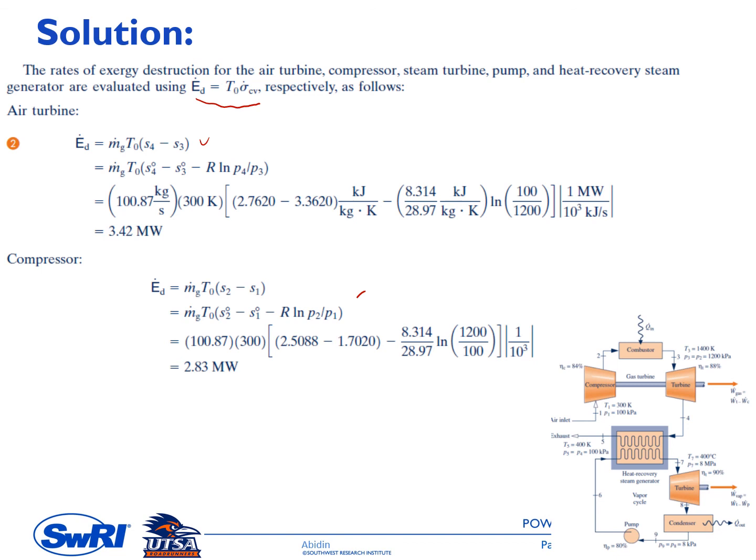We use this formula for the air working fluid, and by plugging in all the numbers, you will get the rate of exergy destruction inside the air turbine of 3.42 megawatt. The same applies for the rate of exergy destruction inside the compressor.